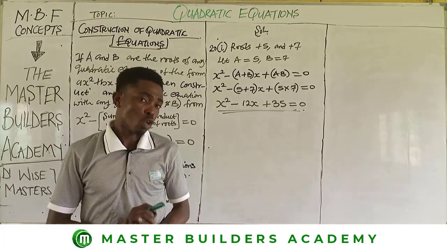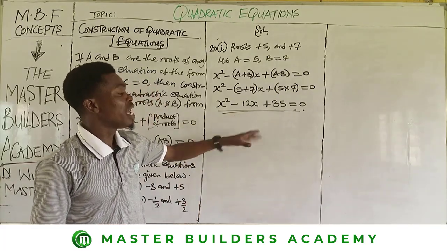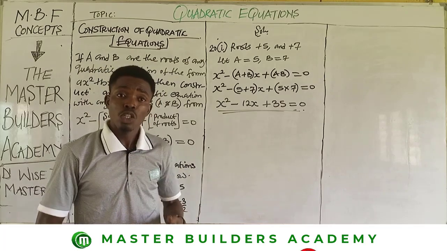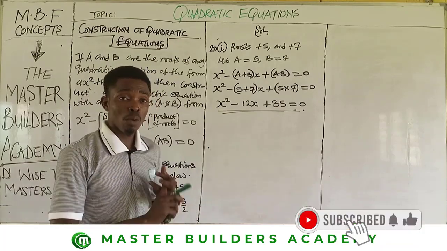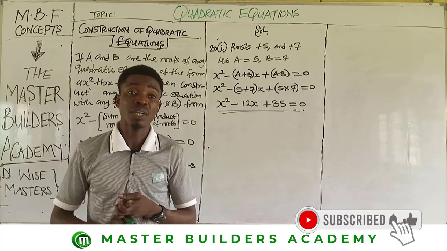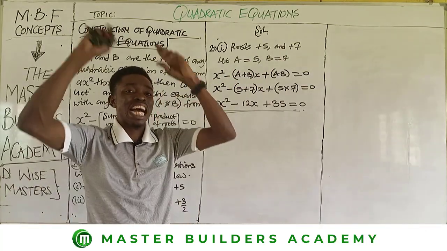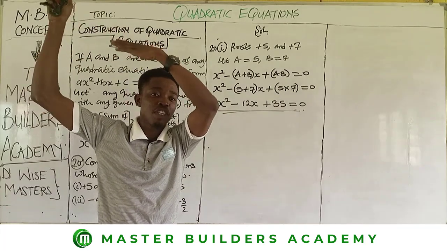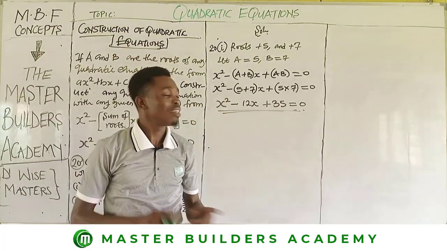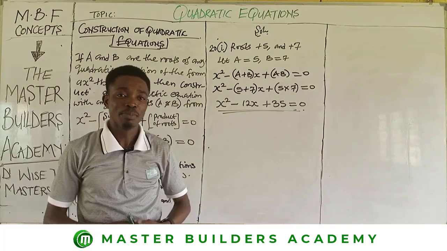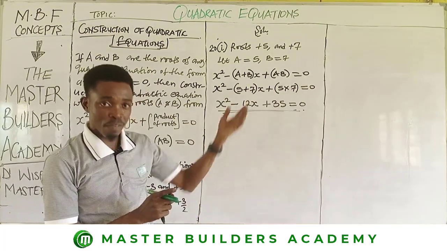If you use the formula method, factorization method, graphical method, or even completing the square, you will get these results back. We are using the answers from our previous video, questions 1 to 19, to generate the equation that gave us those roots.